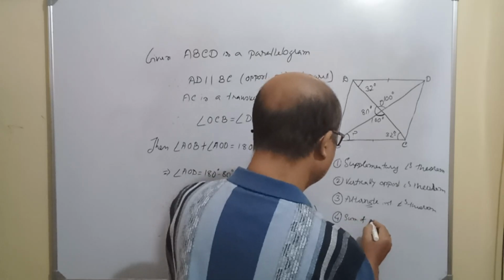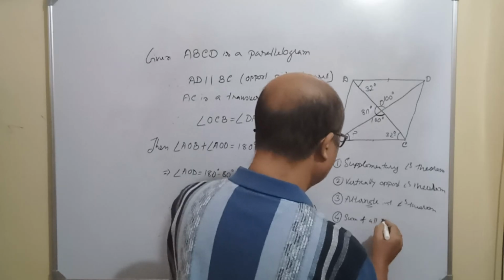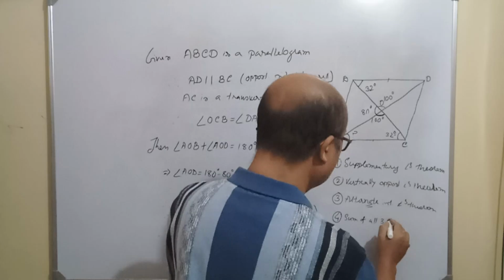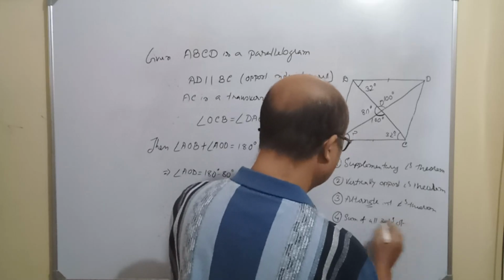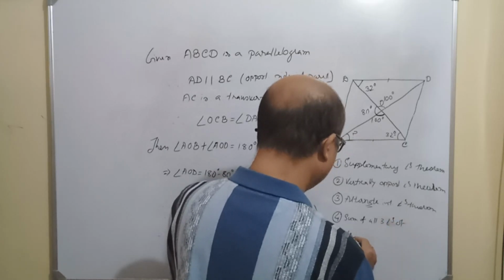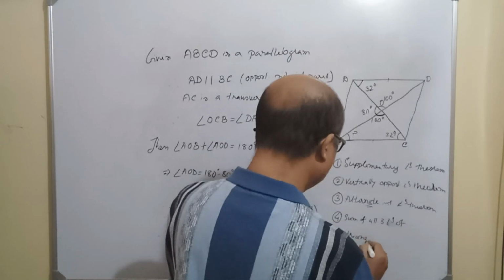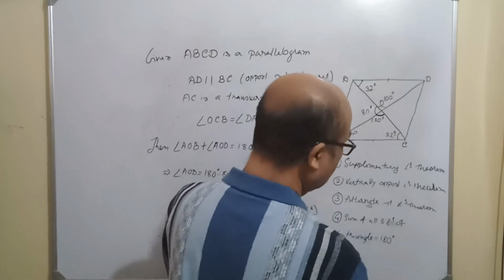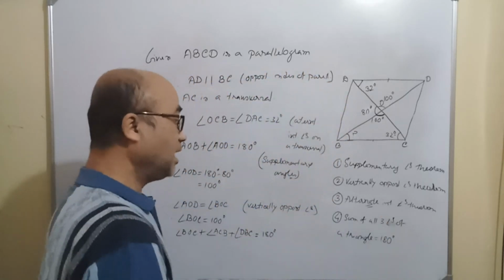The sum of all three angles of a triangle is always 180 degrees.